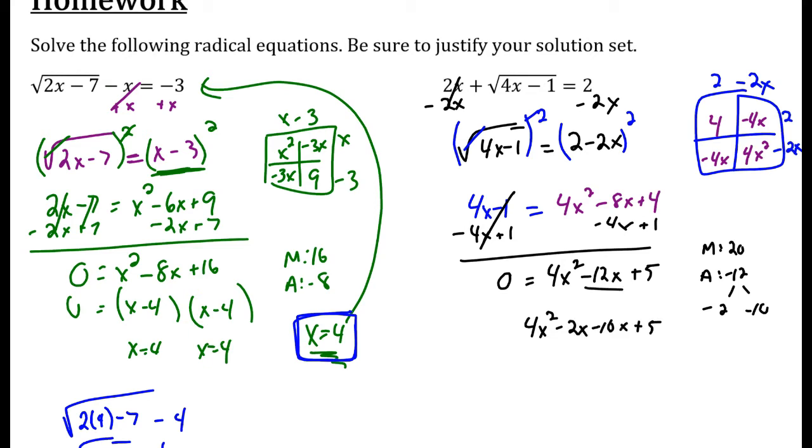I split up that middle term there into negative 2 and negative 10. We can group now. I'm going to take out a 2x, and I'm left with 2x minus 1. I'm going to take out a negative 5, so I'm left with 2x minus 1. So my factors, I'm left with 0 equals 2x minus 1 times 2x minus 5.